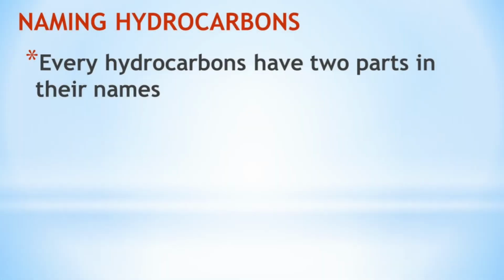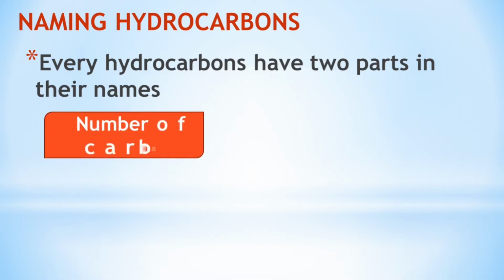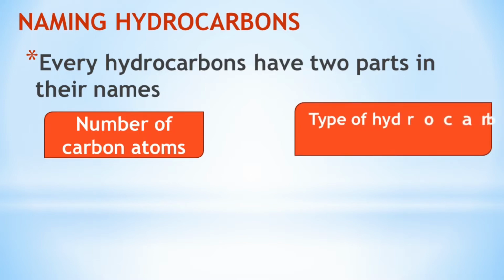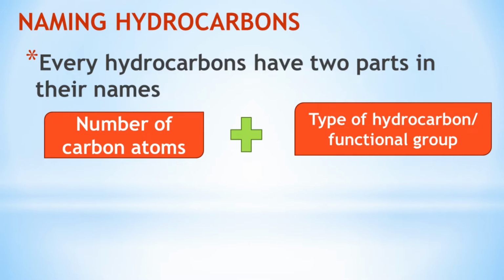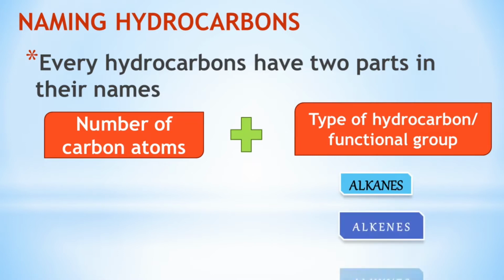For our convenience, let us understand that the name of every hydrocarbon has two parts. The first part depends on the number of carbon atoms present in the hydrocarbon, and the second part of the name depends on the type of the hydrocarbon or the type of functional group present in it. As of now, we have learnt that hydrocarbons are of three groups, that is alkanes, alkenes and alkynes.